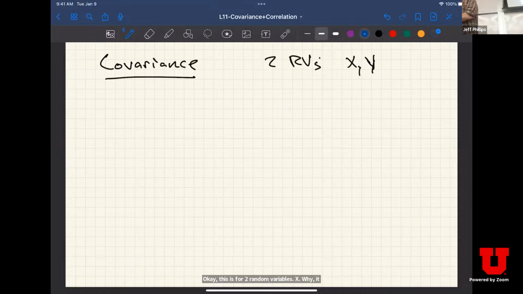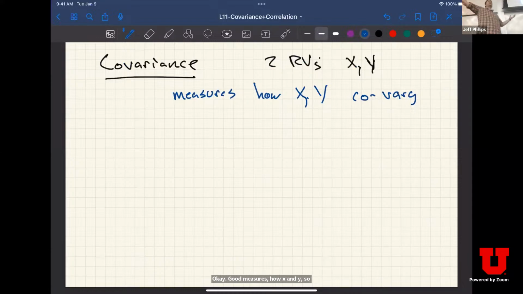It measures how X and Y vary. As X gets larger, what can we say about Y? Does it also tend to get larger, or does it tend to get smaller?